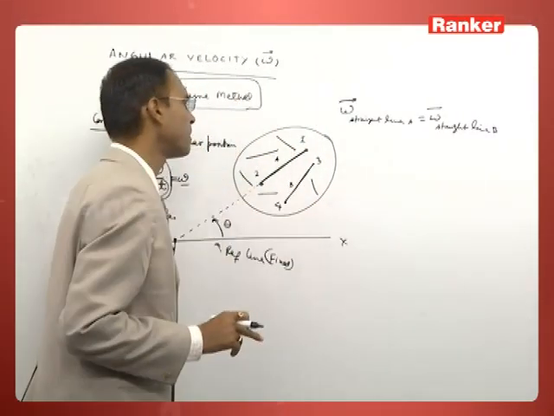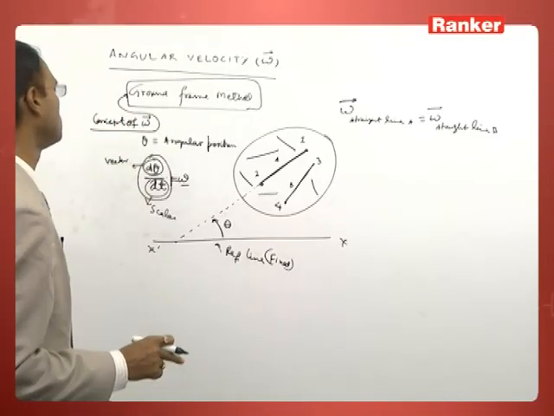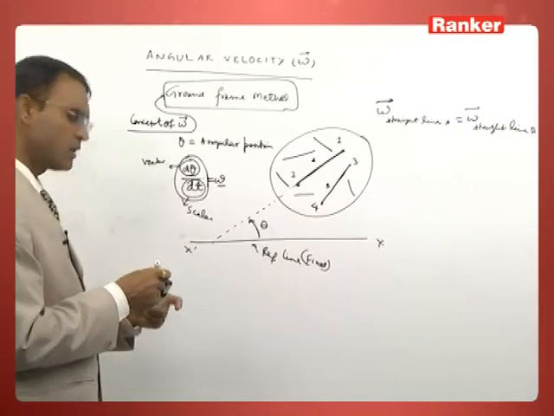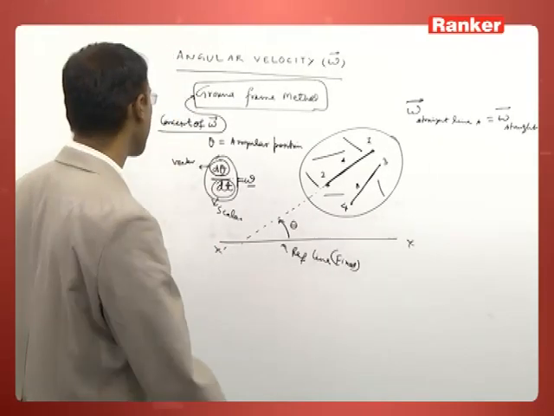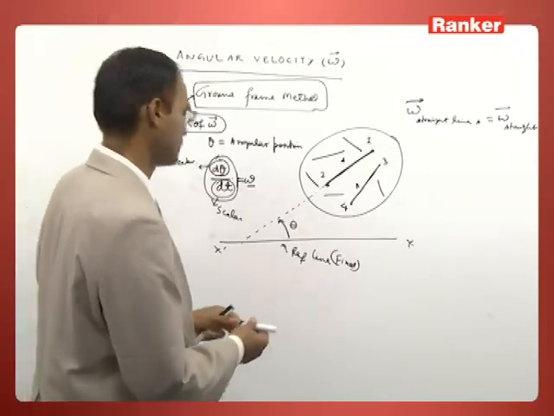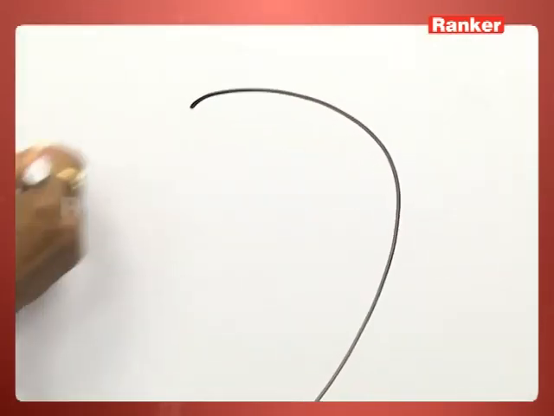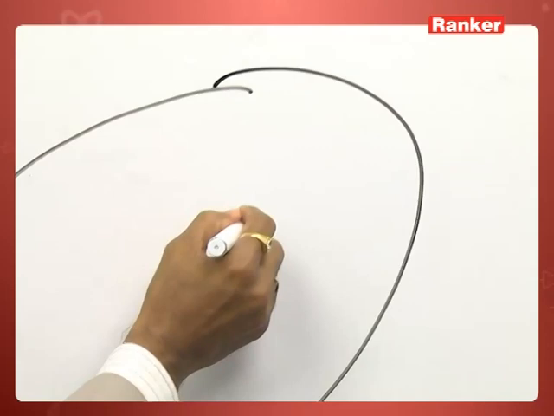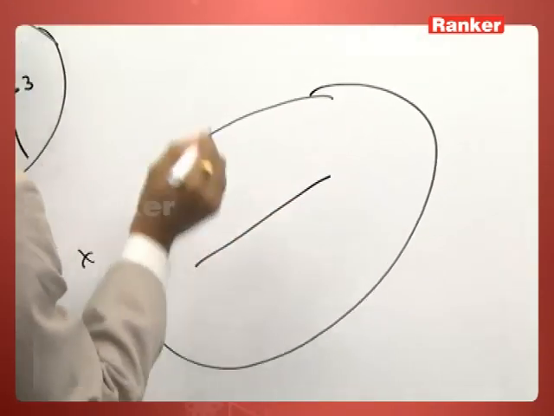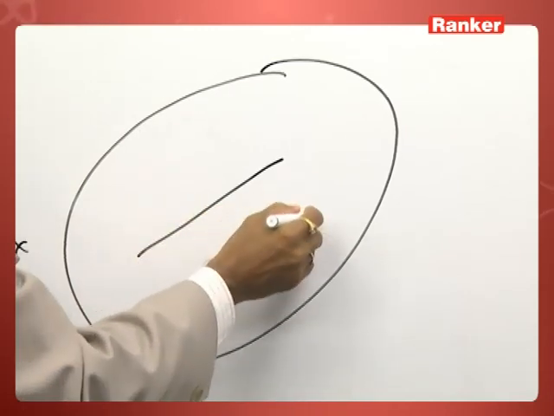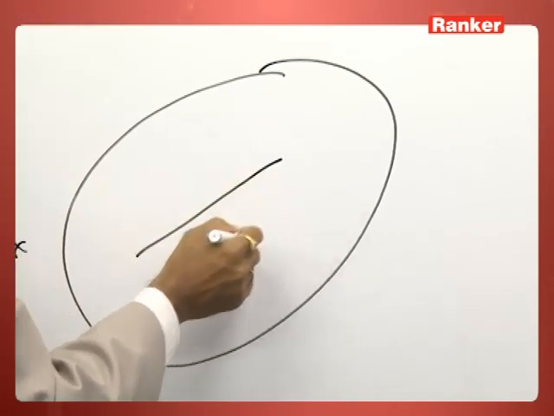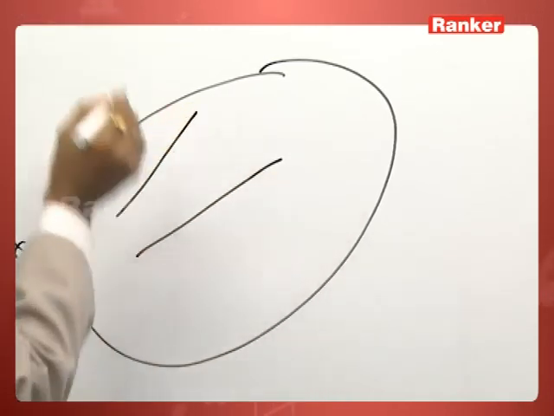For this proof, we can take two straight lines inside the rigid body at least. There is straight line 1 and that is straight line 2.